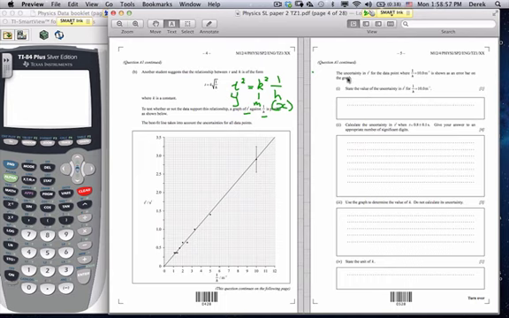So firstly, the uncertainty in t squared for the data where 1 over h is 10 meters to the negative 1 is shown as an error bar in the graph. State the value of the uncertainty in t squared for 1 over h equal to 10 m to the negative 1.